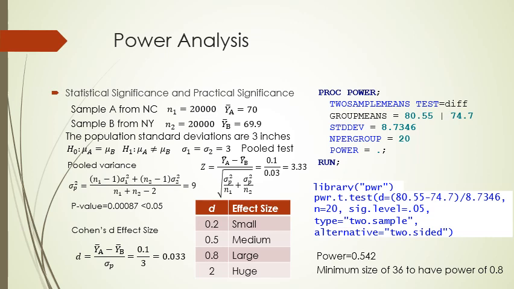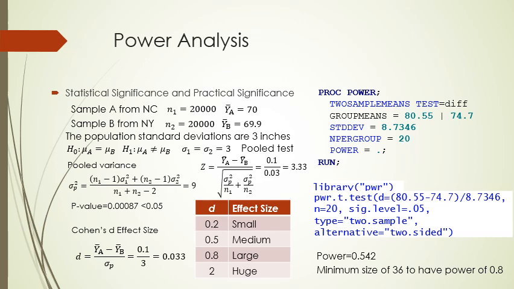We know the population standard deviations are 3 inches in both states. We use the pooled test, and the pooled standard deviation is also 3 inches, since N1 and N2 are equal.